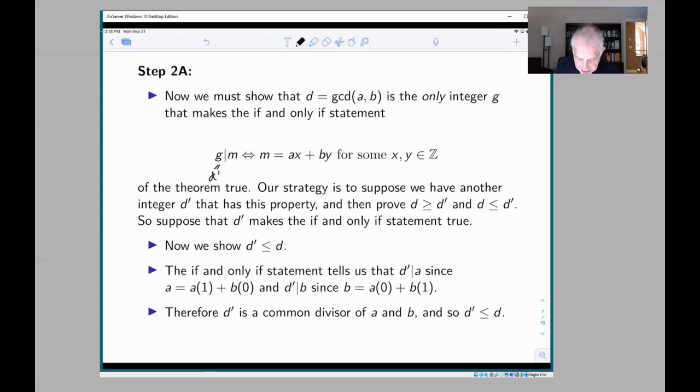And in that case, the if and only if statement tells us that D prime divides A, because M is A. And the same thing for B. B is A times 0 plus B times 1, and therefore D prime divides B. And if D prime divides both A and B, it's a common divisor of A and B. D itself is the greatest common divisor of A and B. So any common divisor has to be less than or equal to the greatest common divisor, and so D prime is less than or equal to D.